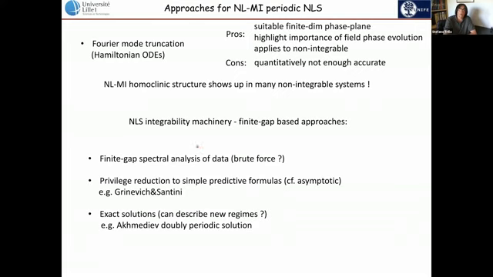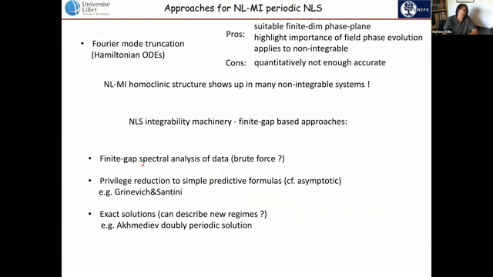Of course, NLS has an integrability machinery, so a finite gap based approach can be developed, and what one can do is what I call a brute force approach. So once you have data from some experiment, you can do spectral analysis, but this usually doesn't give you much physical insight.